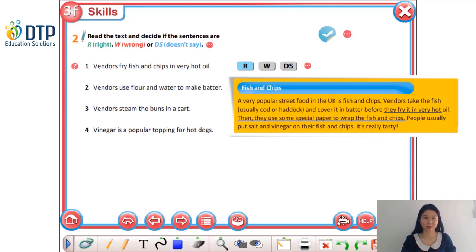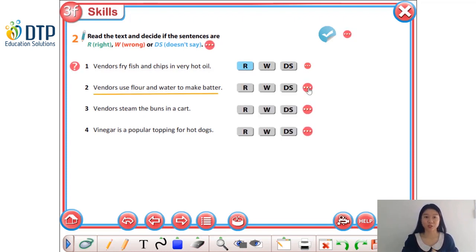How about number 2? Vendors use flour and water to make batter. Oh, it doesn't say. You cannot find this information in the text. And number 3. Vendors steam the buns in a cart.